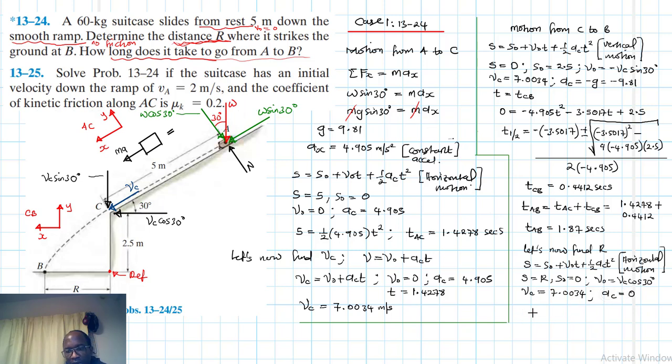Okay, so writing this equation, we have R equal to 7.0034 T, and our T, I forgot to mention, is equal to TCB, which is 0.4412.